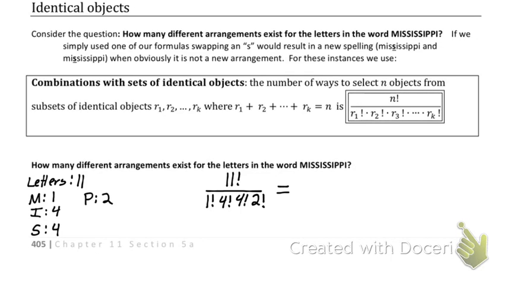And if you plug that in your calculator correctly, you're going to come up with 34,650. Now your calculator does not have a repeat button, so you just have to know this. There's no calculator workaround. All right, so you have to know how to plug this in your calculator as well. And once again, you'd write 11 factorial, division sign, open parenthesis, all this, close parenthesis to get your total.